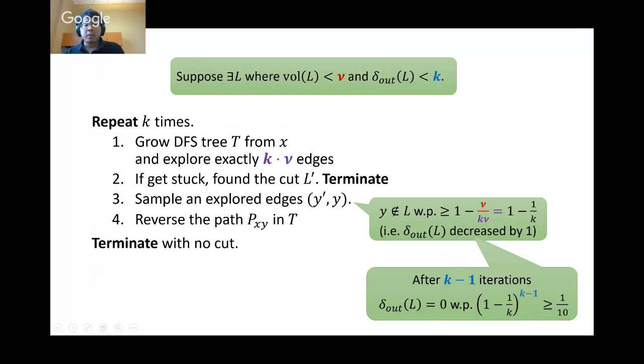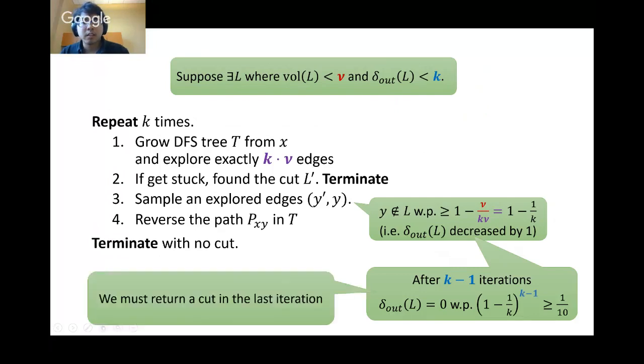That is, suppose that y is outside L in every iteration, then you know that the cut size of L will be decreased to 0. And this happens with probability at least 1 minus 1 over k to the k minus 1. And this is more than 1 over 10.